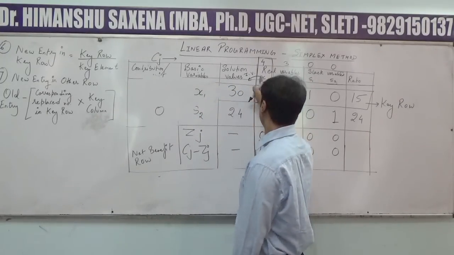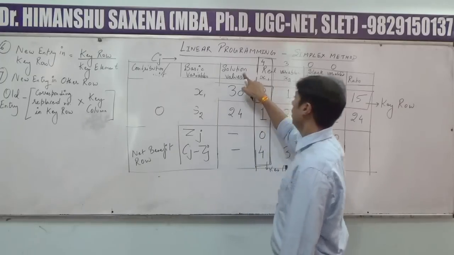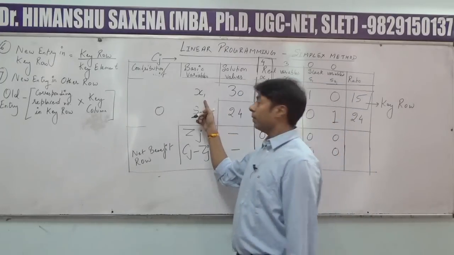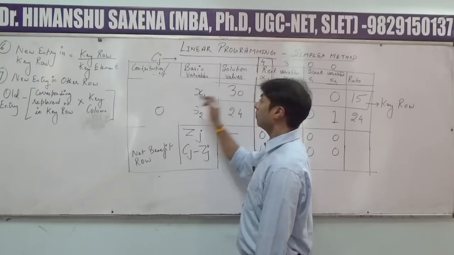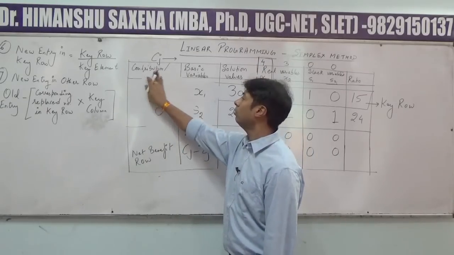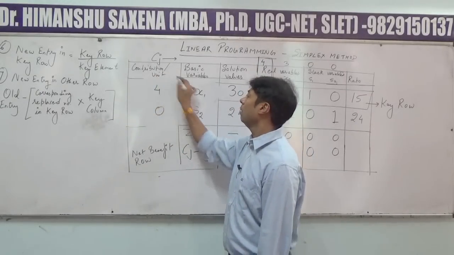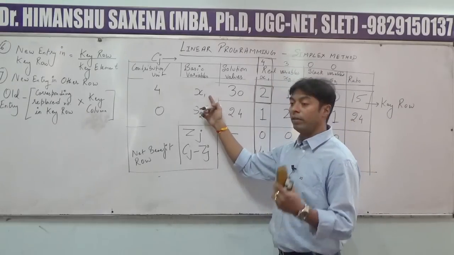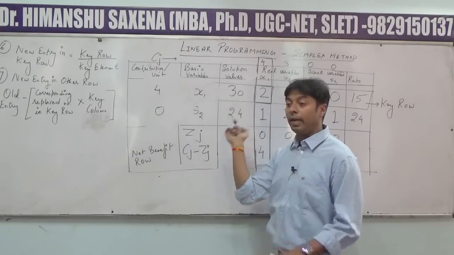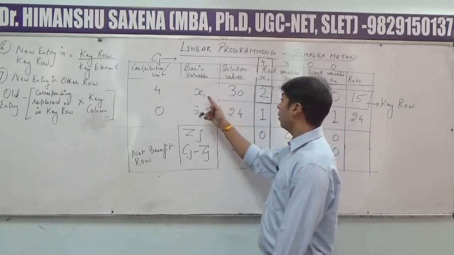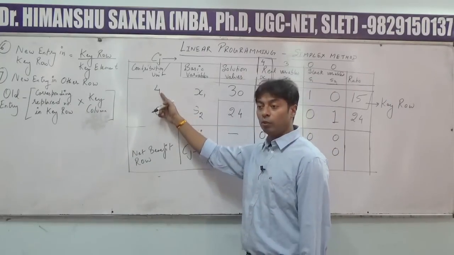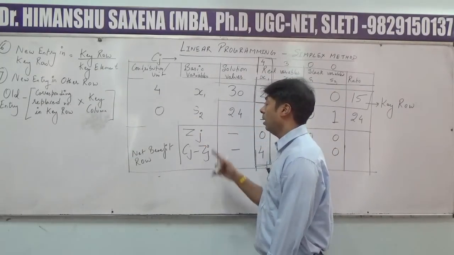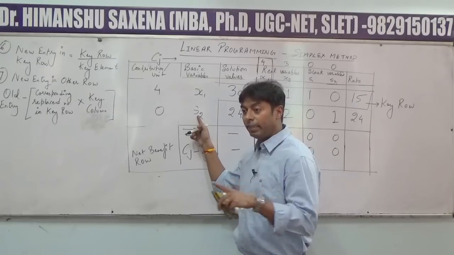Since X1 was the incoming variable, X1 will come in, and with X1 comes its profit also, that is 4 rupees, which was initially given in the question. So X1 is coming in and S1 is going out, and along with X1 its profit will also be there. Now you are not going to make any change in S2.